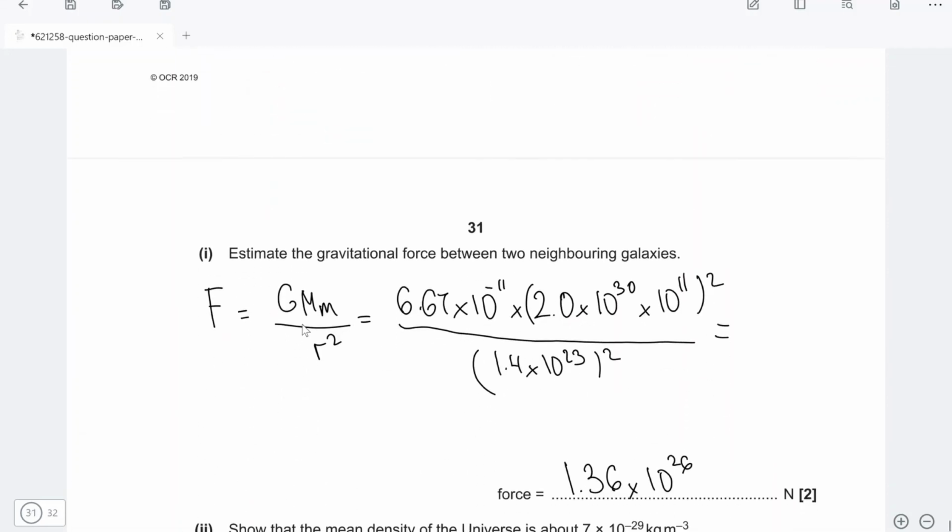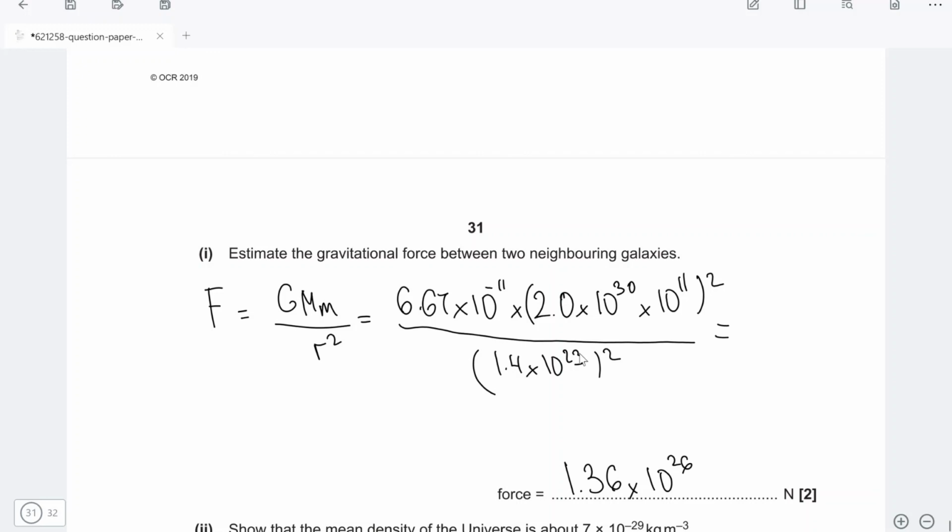So F is equal to GMm over r squared. G is 6.67 times 10 to the power of minus 11. Now the mass of a single galaxy will be given by the mass of one star, 2 times 10 to the 30, times the number of stars, which is 10 to the power of 11. Because the two masses are now equal, I've squared this number and divided that by the distance squared.